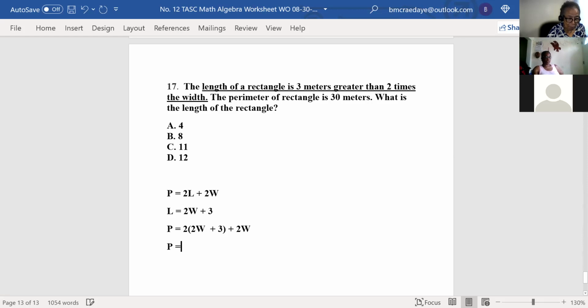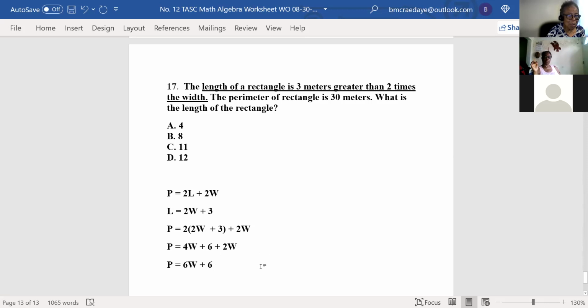2 twos is 4W, plus 2 threes is 6, plus 2W. Very good. Combine like terms, and what do you get? Perimeter equals 6W plus 6.